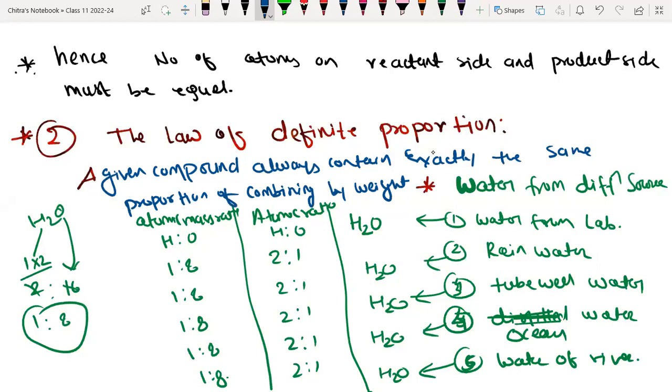So this is called the law of definite proportion.